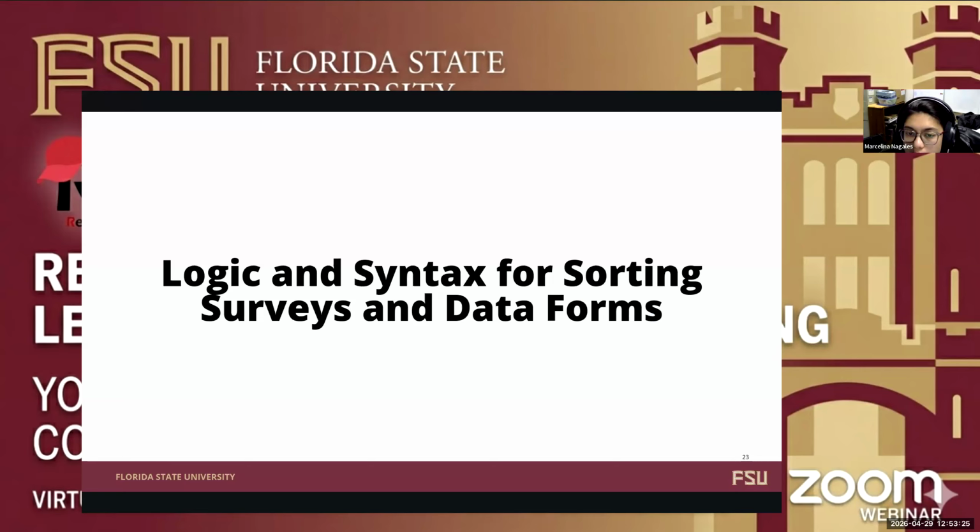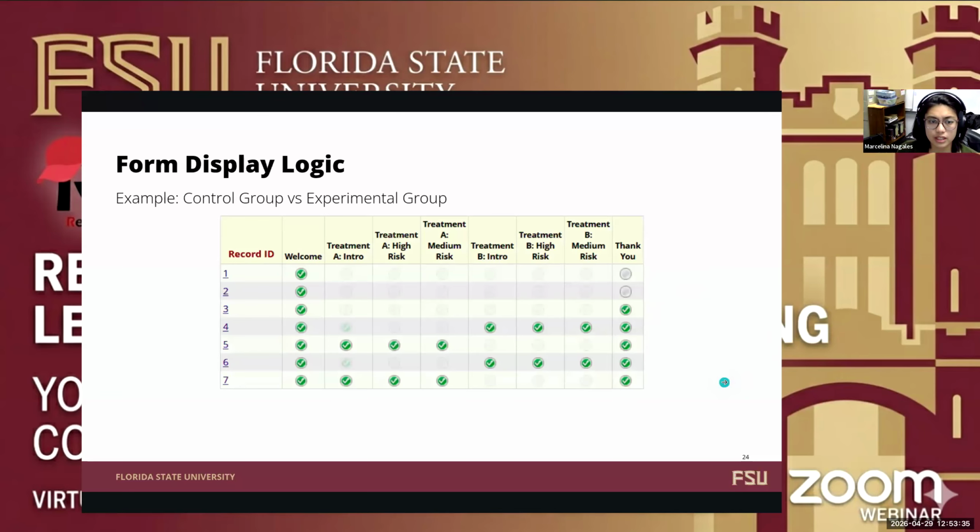So for logic and syntax for sorting surveys and data forms, there's two different ways that we can do this. One is form display logic, and this changes how we view things in our record status dashboard. So for example, if we want to utilize a control group versus an experimental group or different treatments, and we only want specific surveys to show up for each of the treatments, depending on how we want to assess or the information displayed for each treatment, we can do that.